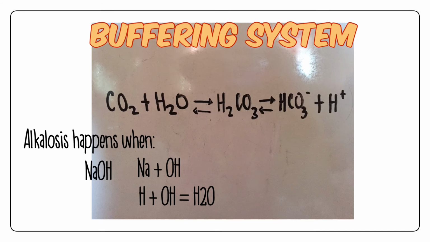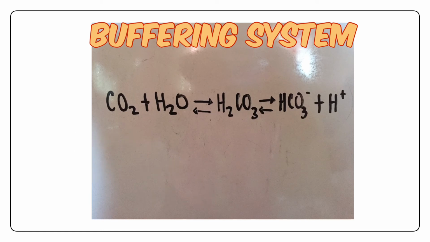Now the water combines with carbon dioxide and forms carbonic acid, and it dissociates into bicarbonate and hydrogen ion. In this way, it will be able to balance the pH and bring it back to 7.35 to 7.45.